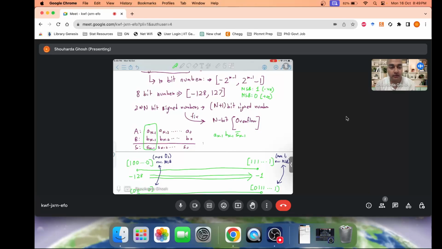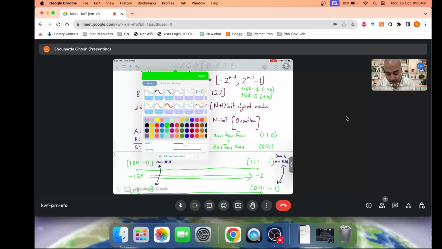So the literal that corresponds to an output of 1 when it is 0 itself has a bar over it. If this is a scenario where a n minus 1 is 1, b n minus 1 is 1, and s n minus 1 is 0, or a n minus 1 and b n minus 1 are both 0 and s n minus 1 is 1, what do they represent?